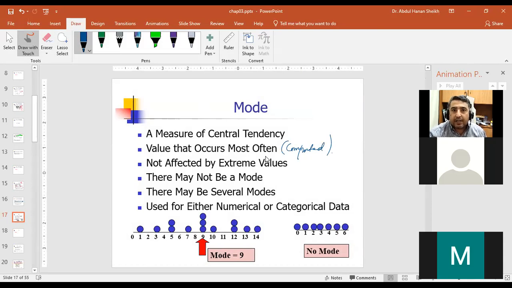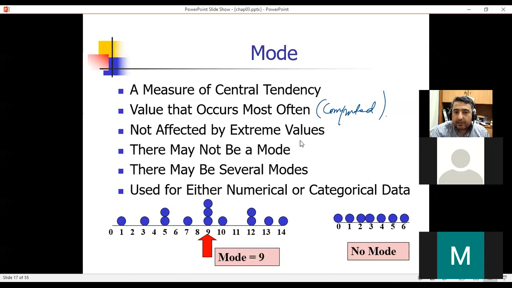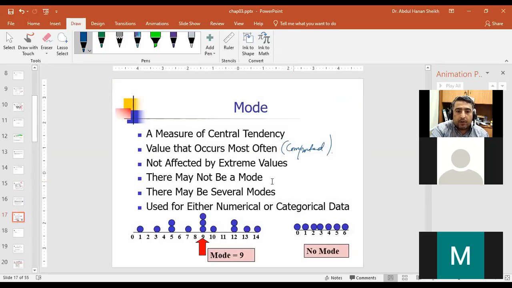The most frequently occurring value is called the mode. These are further properties. It's also not affected by extreme values, be it minimum or maximum. There is an apparent drawback: there may not be a mode if all values have the same frequency. So there may not be a mode.